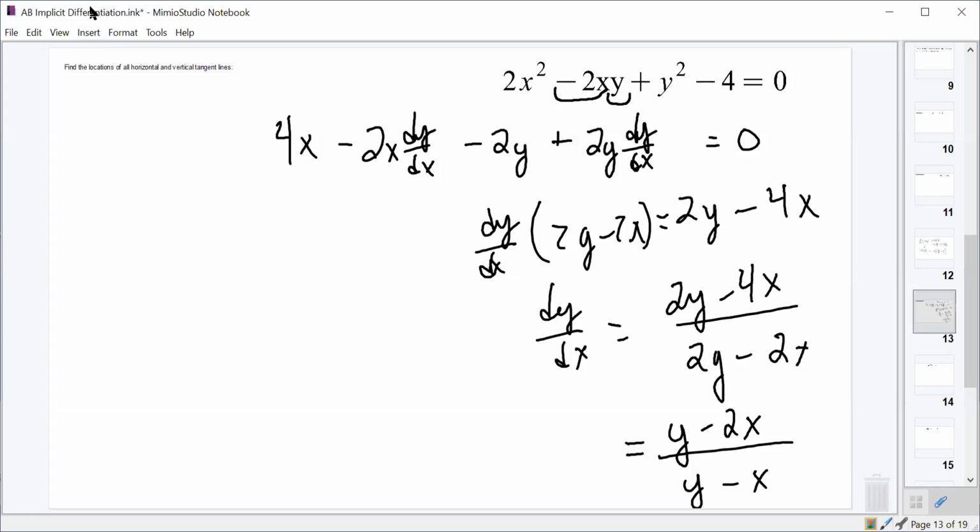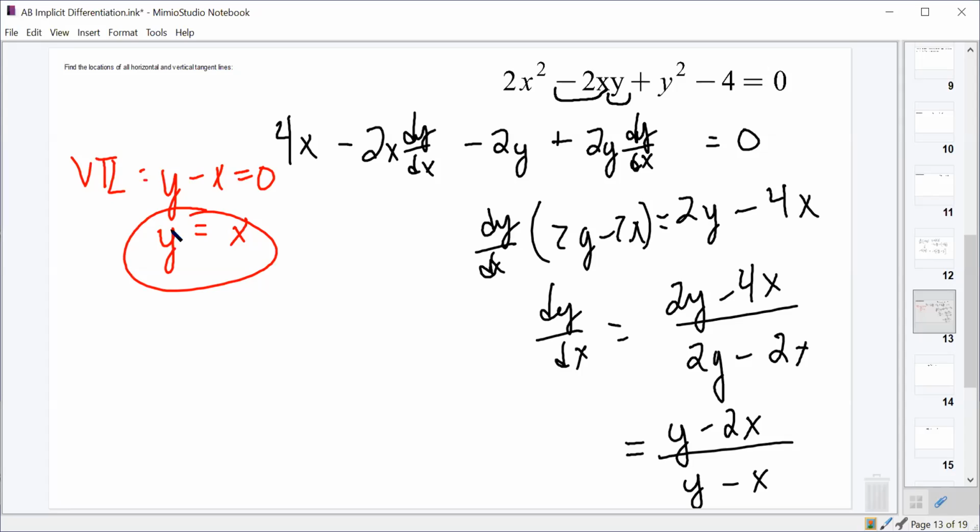Yeah. Okay, so for our vertical tangent lines, we need y minus x to equal 0, which tells us that y needs to equal x. Everyone agree with that? Yeah. Okay. So all we need to do is figure out when that is true in our original equation.